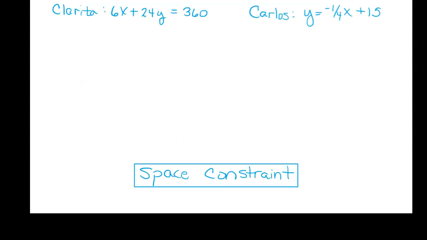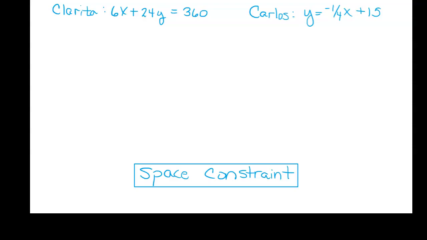Carlos and Clarita are comparing strategies for writing equations of the boundary lines for their pet sitter constraints. They're discussing their work on the space constraint. Remember, the boundary line is made up of the set of points that meet the constraint exactly.